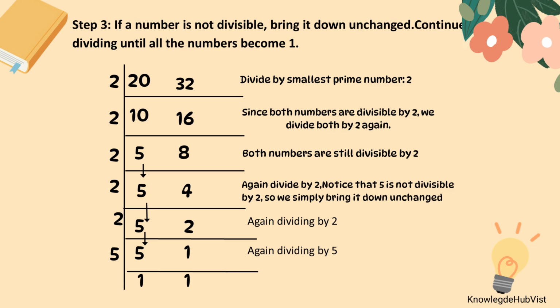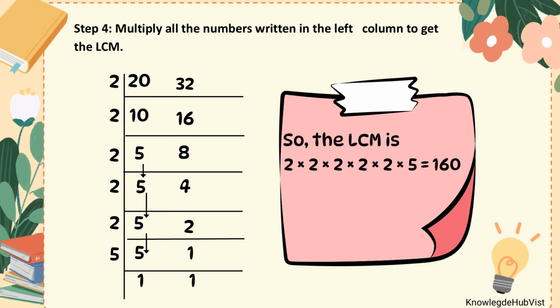We repeat the same step until 8 becomes 4, then 2, and finally 1, while 5 stays the same. At the end, 5 is a prime number, so we divide it by 5 to get 1. Now both numbers have become 1, which means the prime factorization process is complete. Excellent work! We've completed the division process, and both numbers have now become 1.